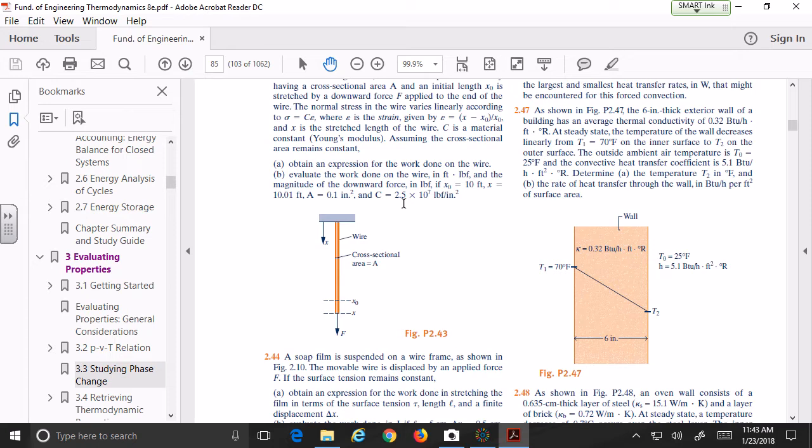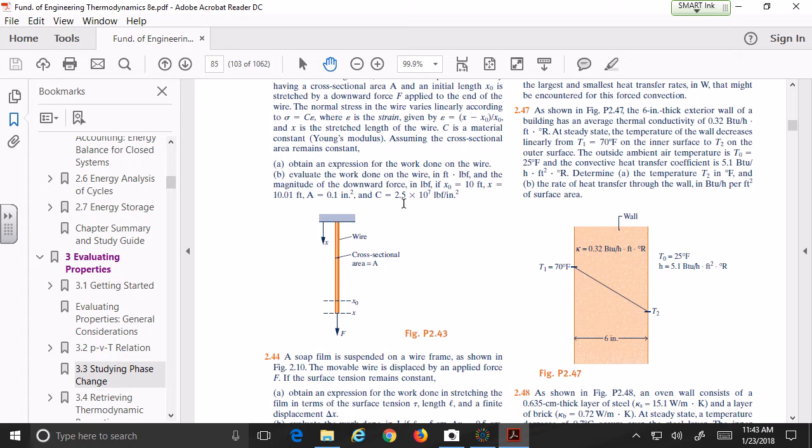So the thermal conductivity of the material of this wall is K equal to 0.32 BTUs per hour foot Rankine.